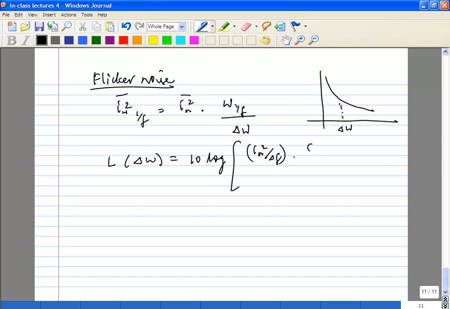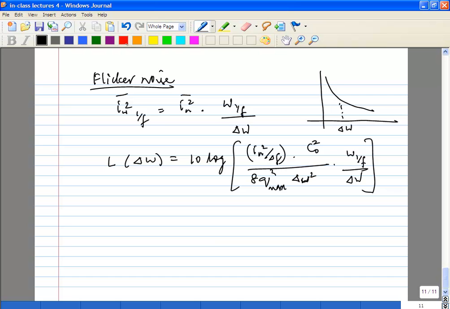So the only term you get here is C naught squared, where C naught by 2 is the DC of your ISF. You get something like this.